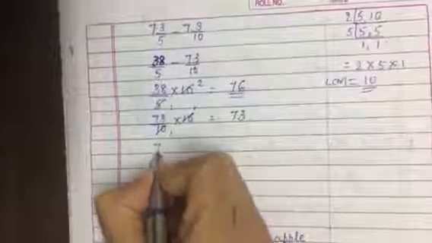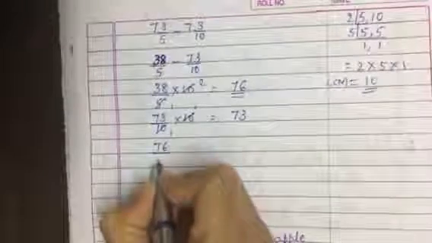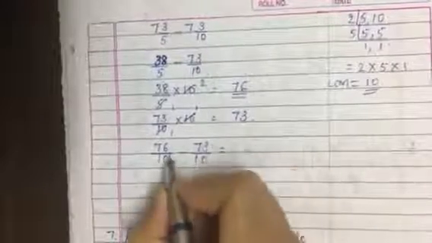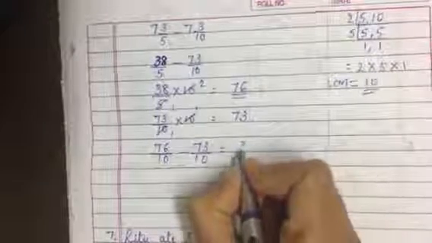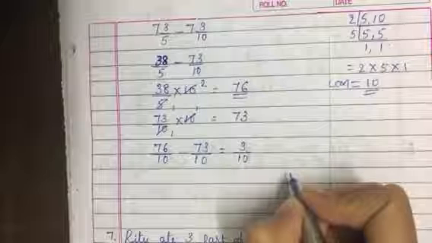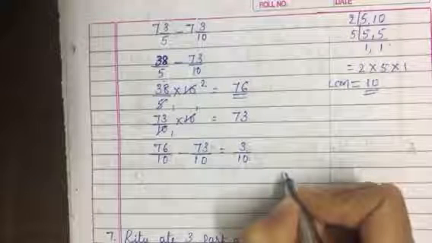Now what you have to do? You have to subtract. 76 by, what is the LCM? By 10 minus 73 by 10 is equal to 76 minus 73 is 3 by 10 centimeters. You have to trim this to fit that picture inside the frame, isn't it?